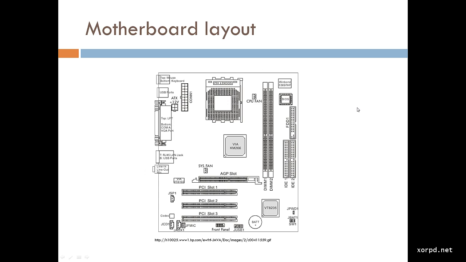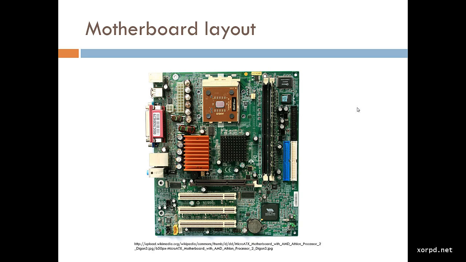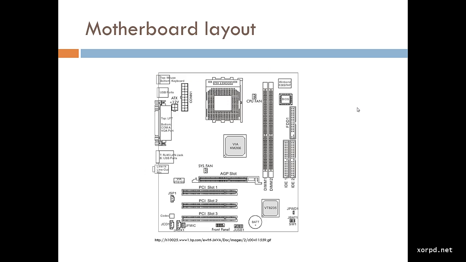This is a simpler diagram of the motherboard. As you can see, it corresponds exactly to this kind of motherboard. I got it from the HP website. We can see again that this is the processor. This is the north bridge, the south bridge.